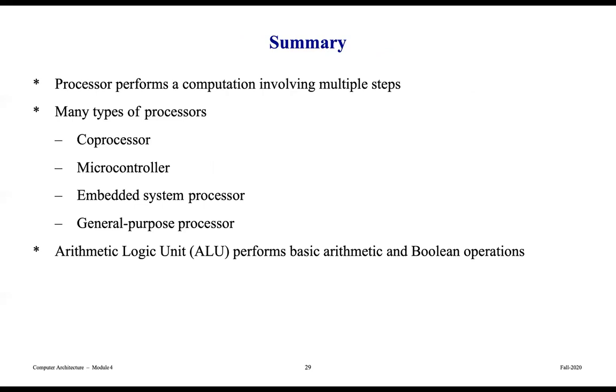So let's summarize what we've talked about. Processors perform a computation involving multiple steps. That's where the real elegance comes in. Using the same hardware, it can adapt and do one thing at a time in an orchestrated, orderly fashion.